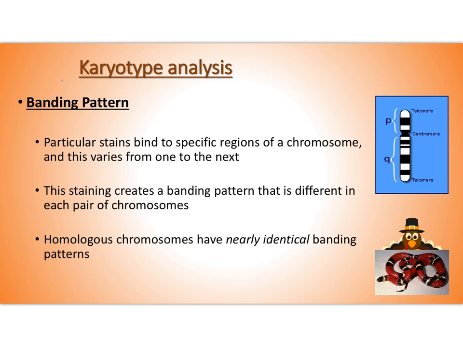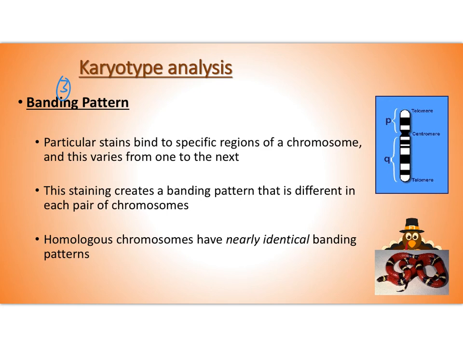and sometimes almost the best way to identify which chromosomes match with which, is called banding pattern. When you extract chromosomes, you also stain them with a stain, like we stain things that go under a microscope. The stain will bind to some regions of the chromosome more than others.